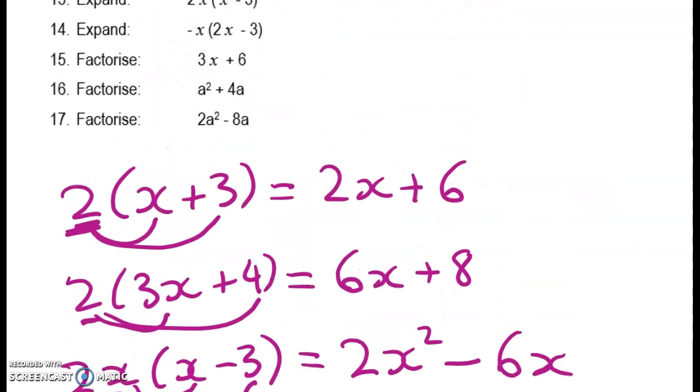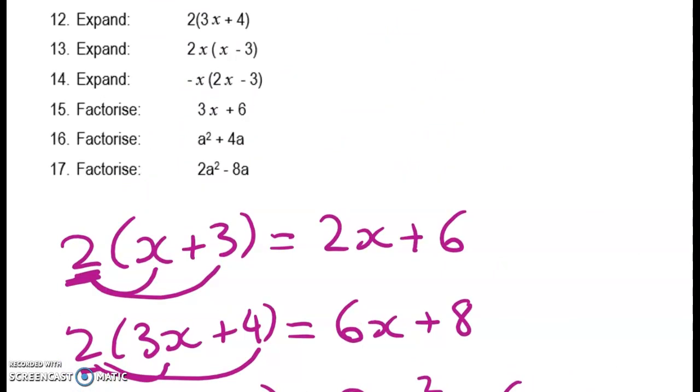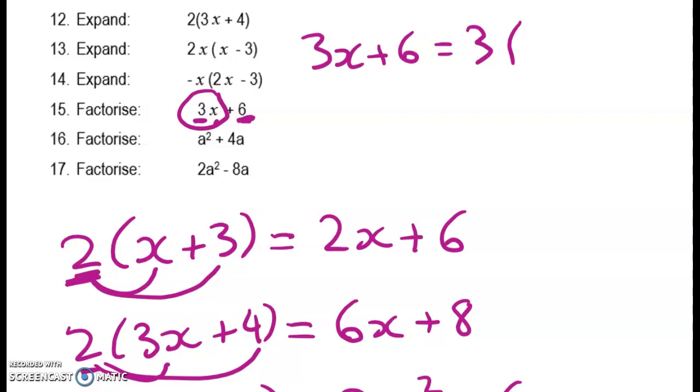The next set of 3 questions asks us to factorize. So when we factorize, we're looking for the highest common factor and we're working systematically with our numbers and with our variables. The highest common factor for the numbers is 3, and I don't have any more common factor to take out. So it's 3 times what will get me 3x, 3 times x, plus 3 times what will get me 6, 2.